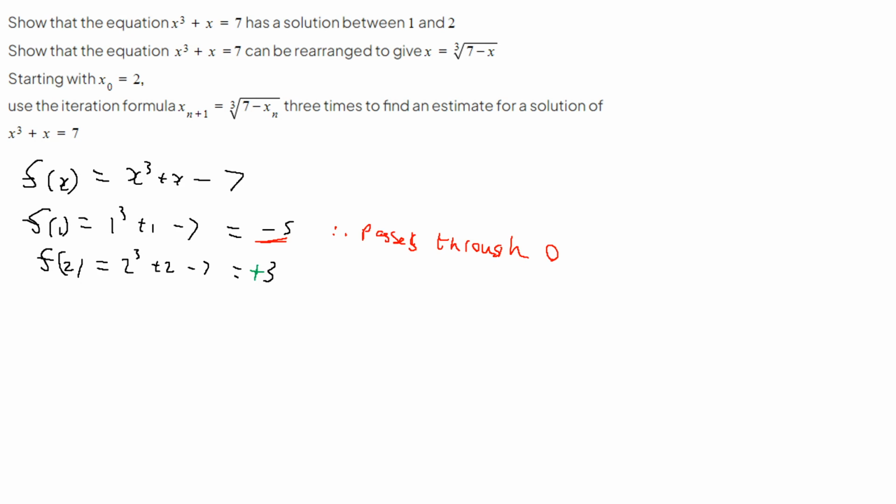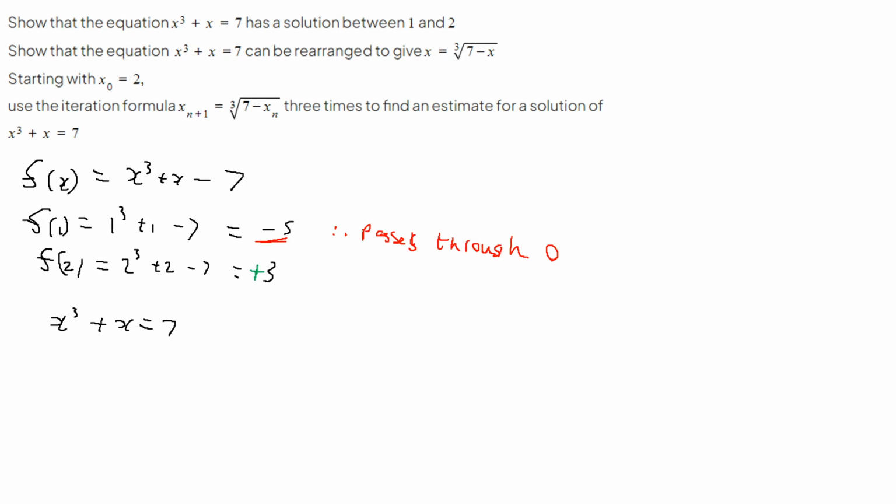Now, show that the equation can be rearranged to give x is equal to 7 minus x, all cube rooted. So all we're going to do is rewrite our equation. We've got x cubed plus x is equal to 7.